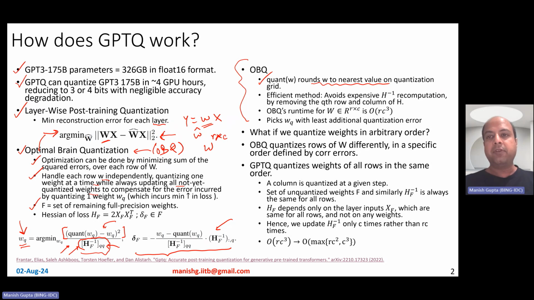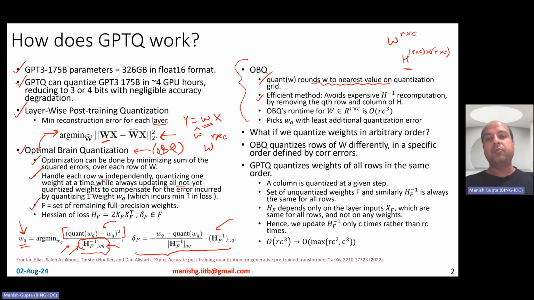If your weight matrix is R cross C, your Hessian matrix is going to be R cross C cross R cross C. That Hessian matrix is very large. When you quantize a particular weight, your Hessian needs to be updated, so if H inverse is not handled appropriately, it can be very, very inefficient.